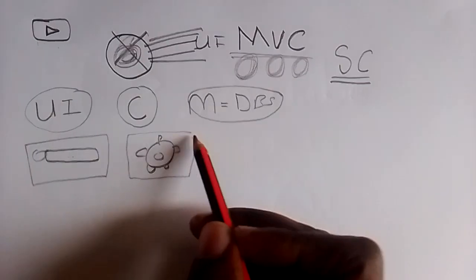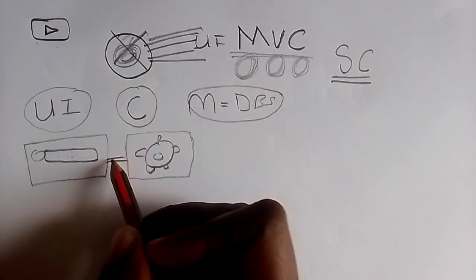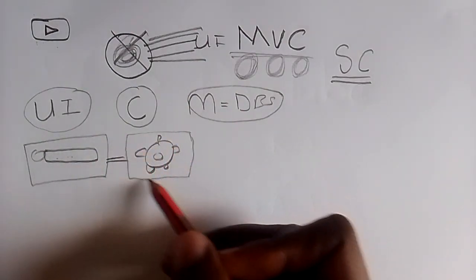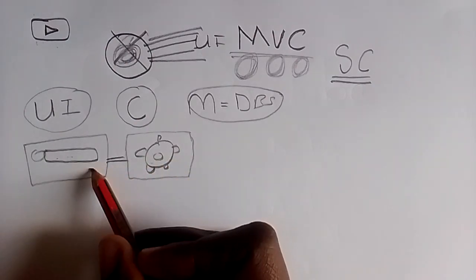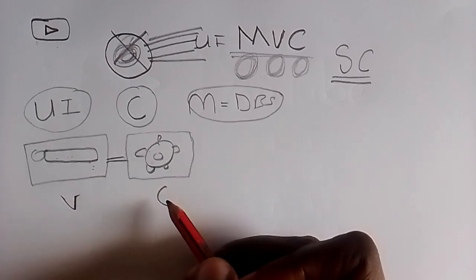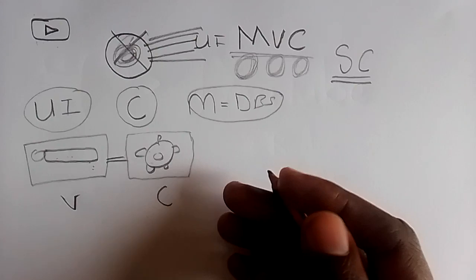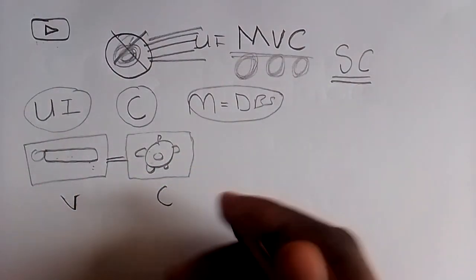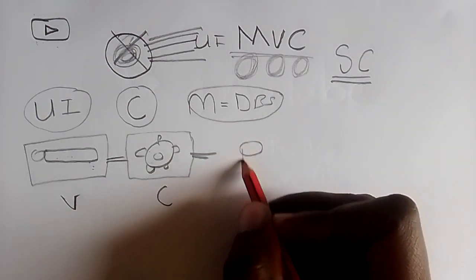A controller is that class or function that deals with processing the information that comes from the user interface. However, when this controller is processing that information, it's not aware of the views, but it can interact with the view. And also, this controller is not aware of the database. It doesn't have the information that contains the password and all other things, and it doesn't connect, but it talks to the model.